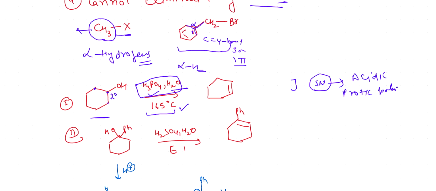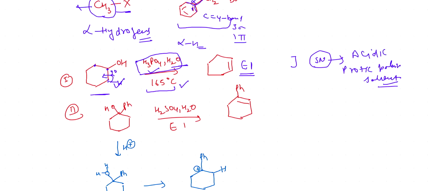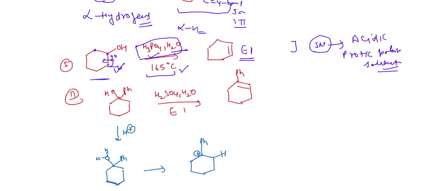As here is a secondary alcohol, it will proceed via the E1 mechanism and gives the product, that is alkene. Another example: here this carbon is attached to a phenyl ring and two more carbons. So this is a tertiary alcohol. Again we have been using acidic conditions, protic polar solvent. This reaction will also proceed via the E1 mechanism.